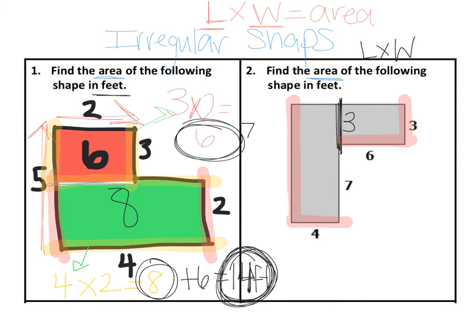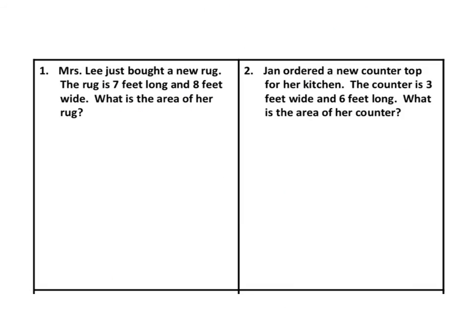So 7 plus 3 equals 10. Okay, so we're going to be doing 10 times 4, 6 times 3, and then add those answers up. Solving problem 2 on the second page.